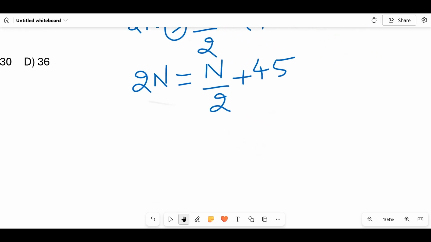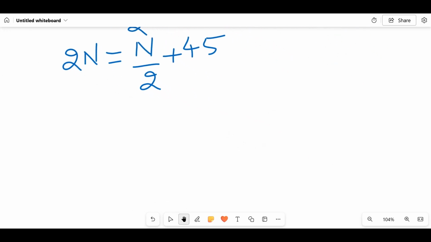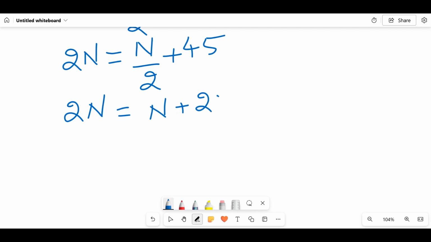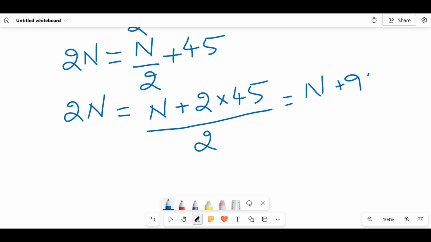Left hand side 2n will be as it is, and the right hand side will become n plus 2 into 45 divided by 2, which is n plus 90 divided by 2.